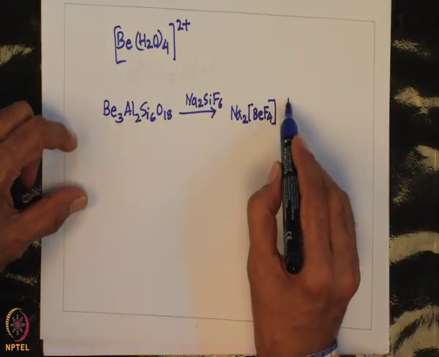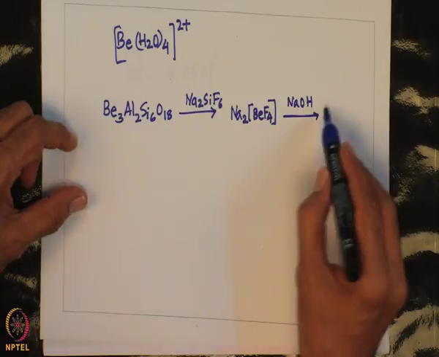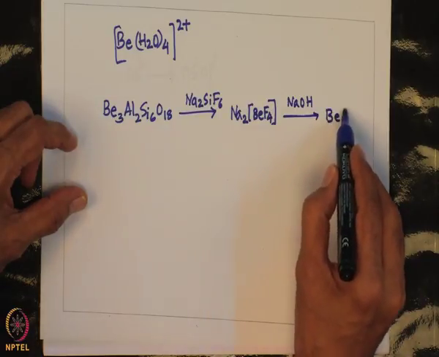This one, on treatment with sodium hydroxide, forms beryllium hydroxide.